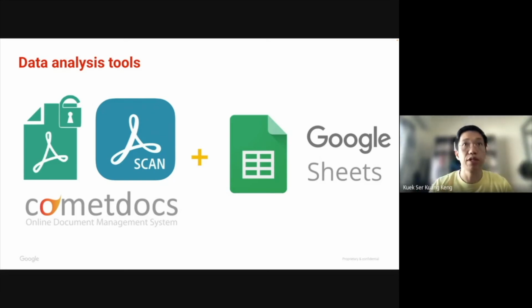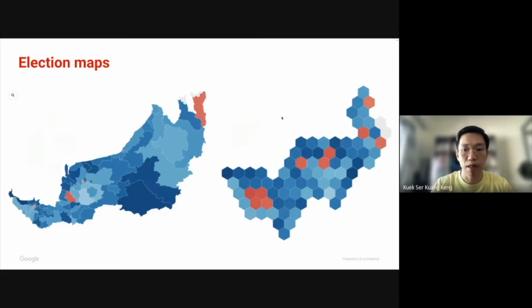Then we move on to the next tool, which is a more complicated one, which is map making for elections. So before we go into that, just a very quick introduction of 2 types of maps. On the left, you can see this is the map that shows the geographical areas for Sarawak. I made this for the Sarawak state election. So these are all state seats, okay?